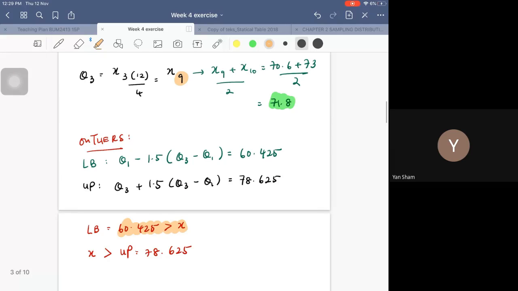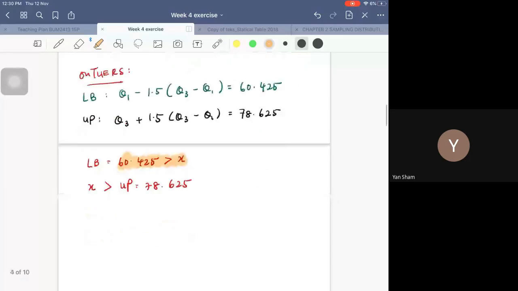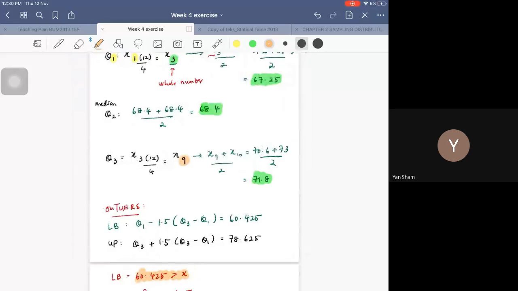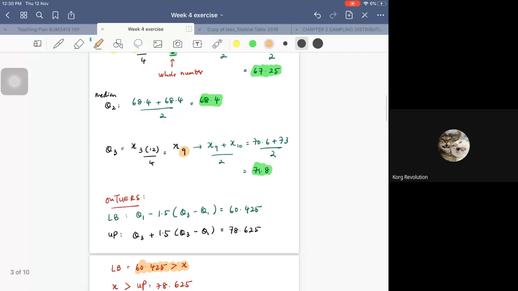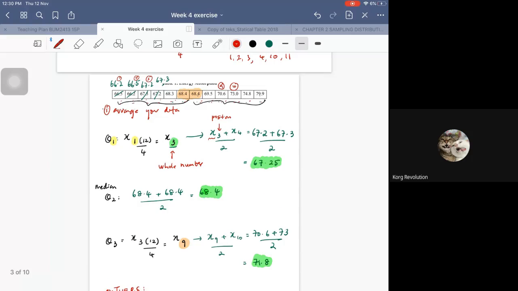Are you sure you got 60.425? I'm going to have a lot of outliers here if my lower bound is 60.45. So can somebody help me calculate this value again? I'm not sure it's going to be 60.45, because if it is, I'm going to have a lot of outliers over here.